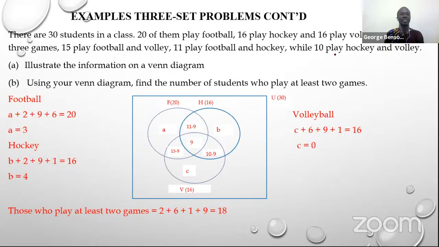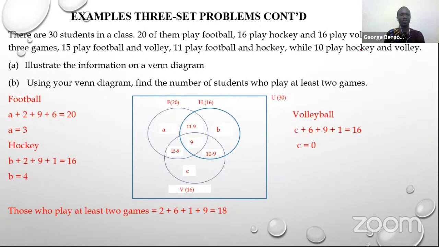As you can see on your screen, the question says there are 30 students in the class. 20 of them play football, 16 play hockey, and 16 play volleyball. 9 play all 3 games, 15 play football and volleyball, 11 play football and hockey, and 10 play hockey and volleyball. A, illustrate the information on a Venn diagram.